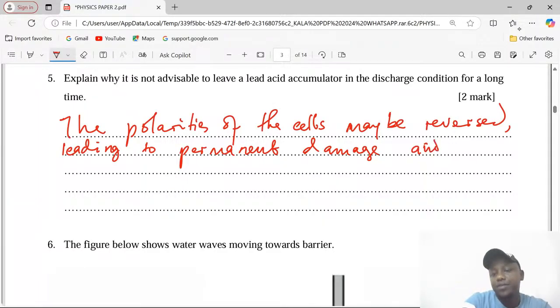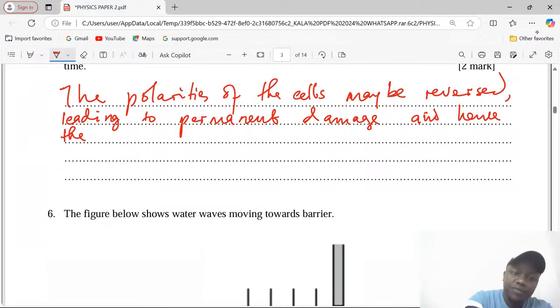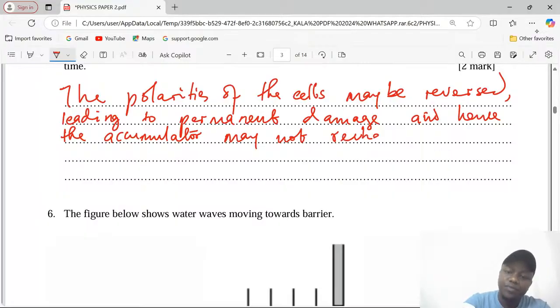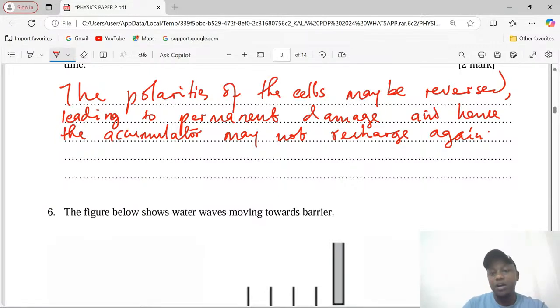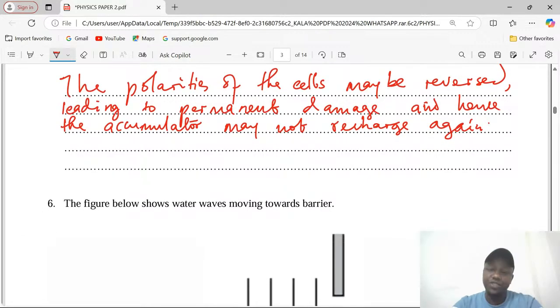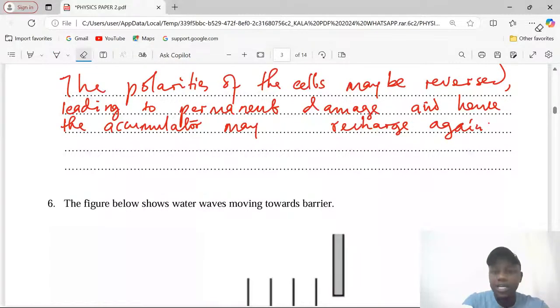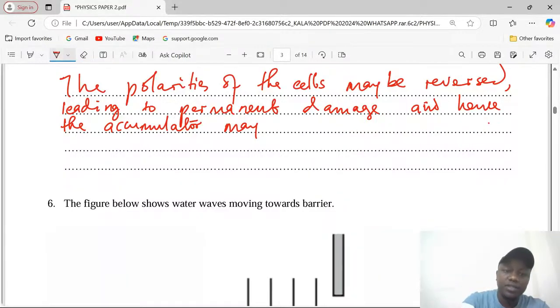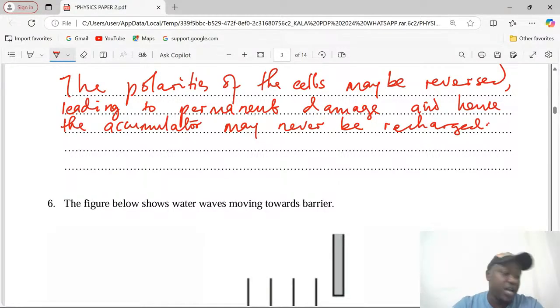And hence, the accumulator may never be recharged.